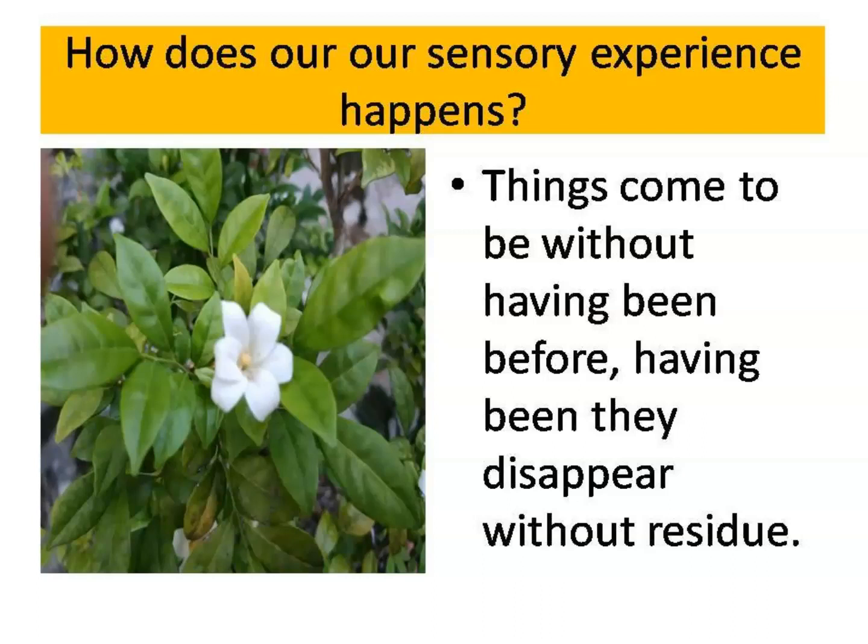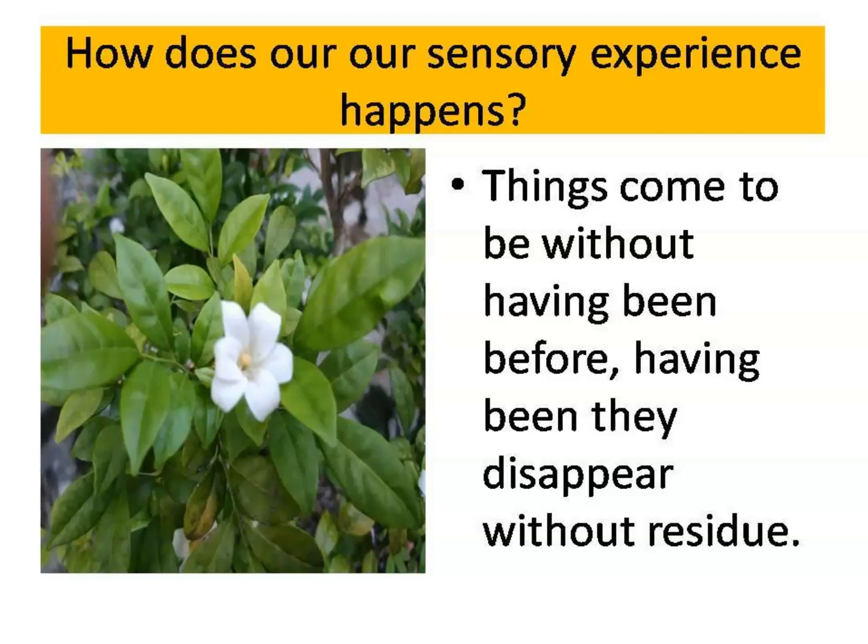Having been, they disappear without residue. When we see an object through our eyes, the object comes into contact without having been before. Having been, they disappear without residue. This is how it happens in every moment. So that is the process.